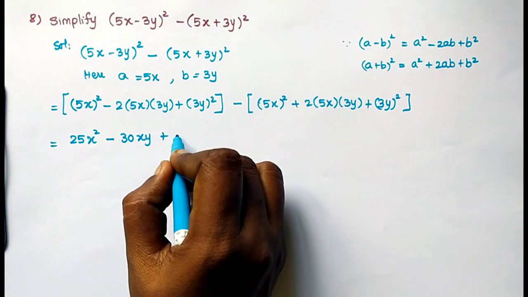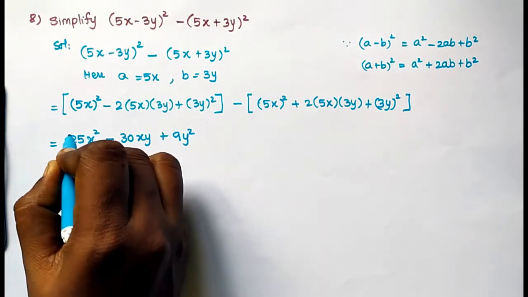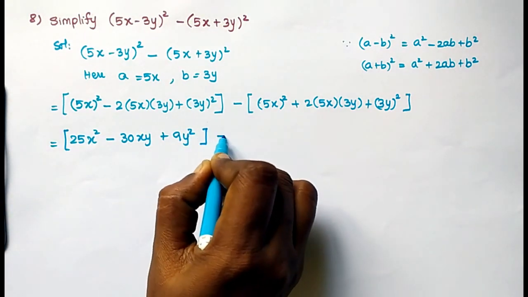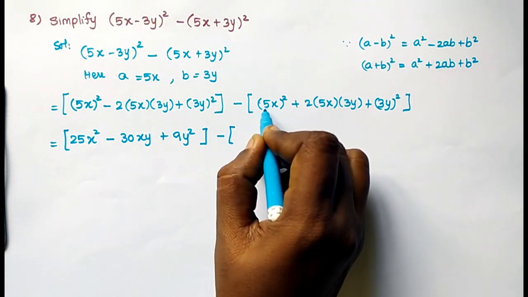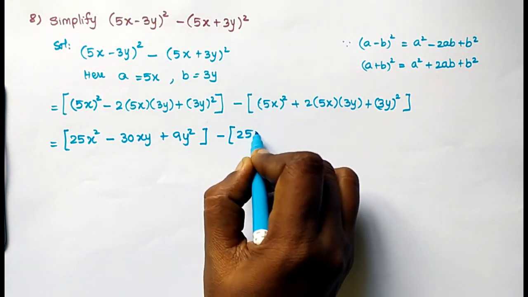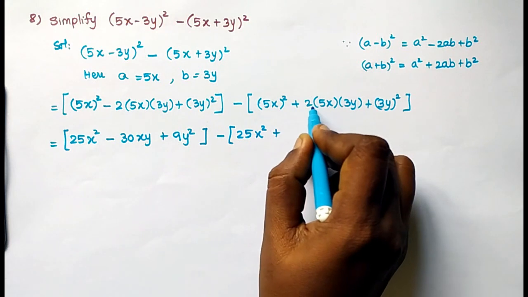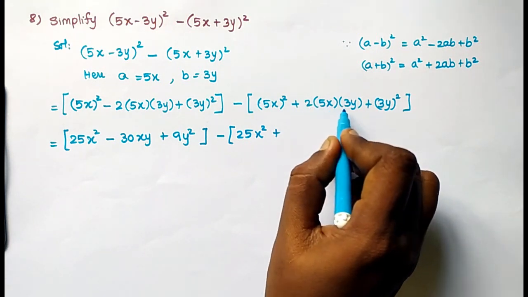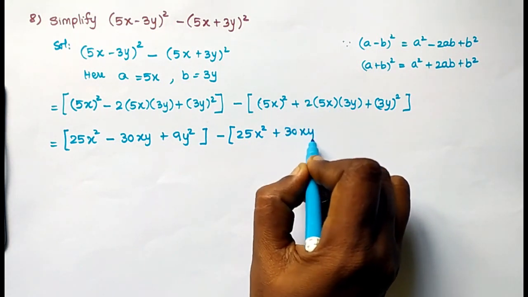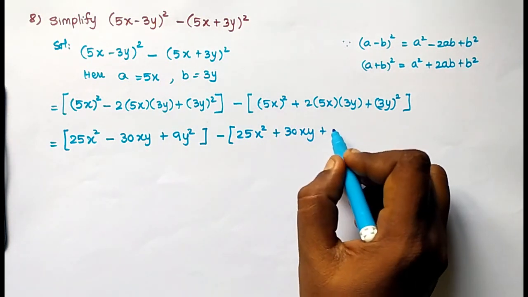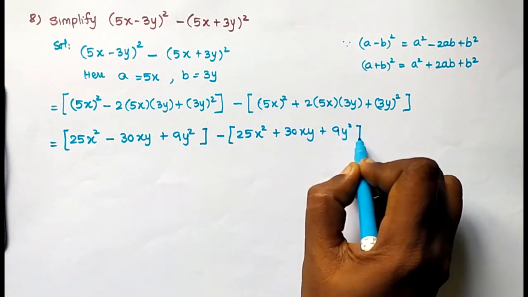So 3 squared means 9y squared, minus here 25x squared plus same thing, 2 5s are 10, 10 3s are 30, xy plus 9y squared.